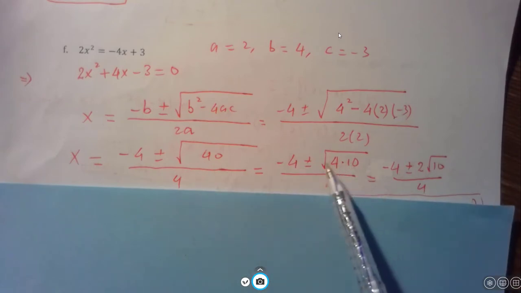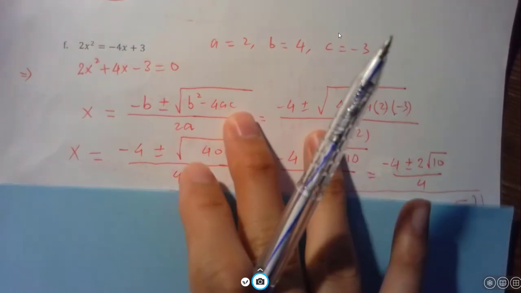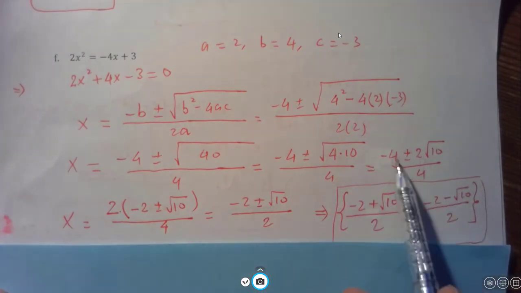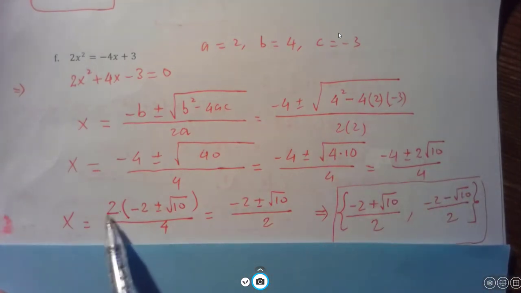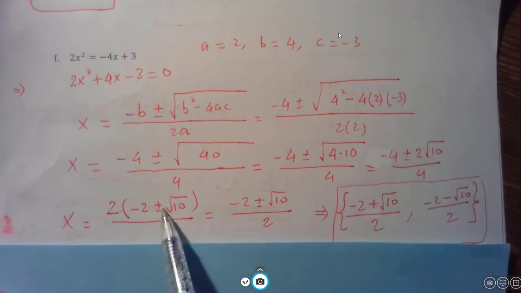Why? Because the square root of 4 gives me 2 outside. And you can see that on the numerator, I can pull out the factor of 2, so I have minus 2 here, because 2 times minus 2 gives me minus 4, and then when I pull out 2, I have the square root of 10.